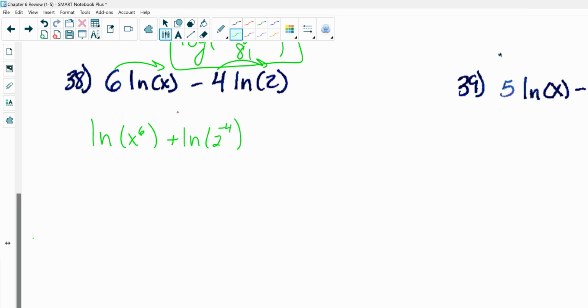We take the negative with it. Now it might be a little quicker to have just done powers and then quotient, but this covers it too. Because now we have two being added together, so we can rewrite it as what's inside being multiplied. You didn't have to switch the 2 and x. I just put it this way, standard form, numbers and variables. But they are being multiplied together.